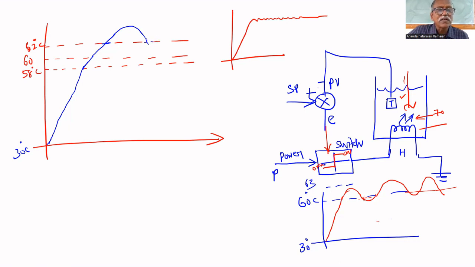Then it starts decreasing because the heater is turned off. When it comes within that band, it will not change its state. The controller remains off. That's why there will be a further decrease. When it just crosses 58 and falls below, again it will be turned on, at this point only.